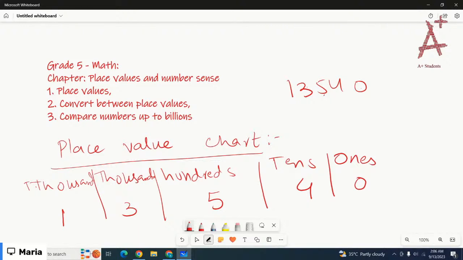How do you read this number? Anyone who knows the answer, you can please write down the answer in the chat box. I just want to know, not like this. They are just in digit form, 13540. When you read the number in words, how do you read this number?